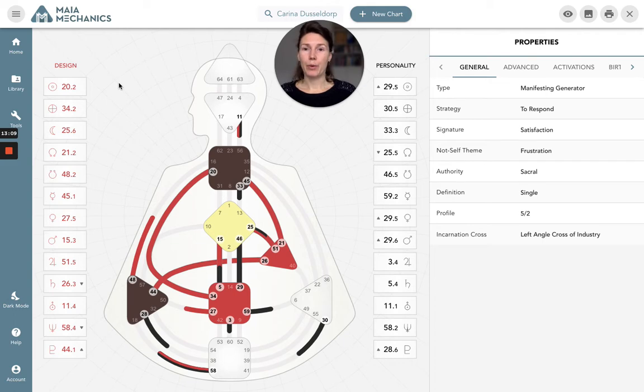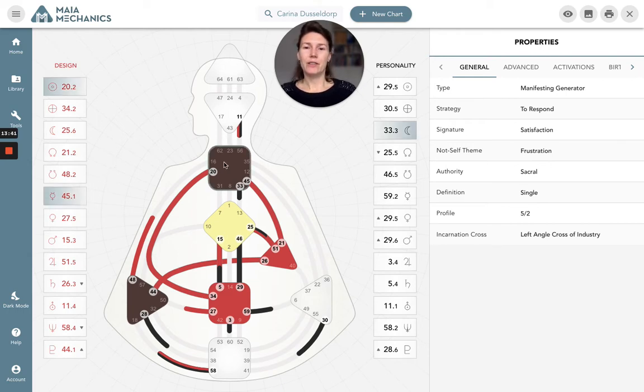So for example, it can be that the whole chart can be white, and then you're a reflector, because a reflector as a type also has all these 26 gates defined, but they don't make any channels. So then no energy hub is defined. So I'll get into that a little bit later.